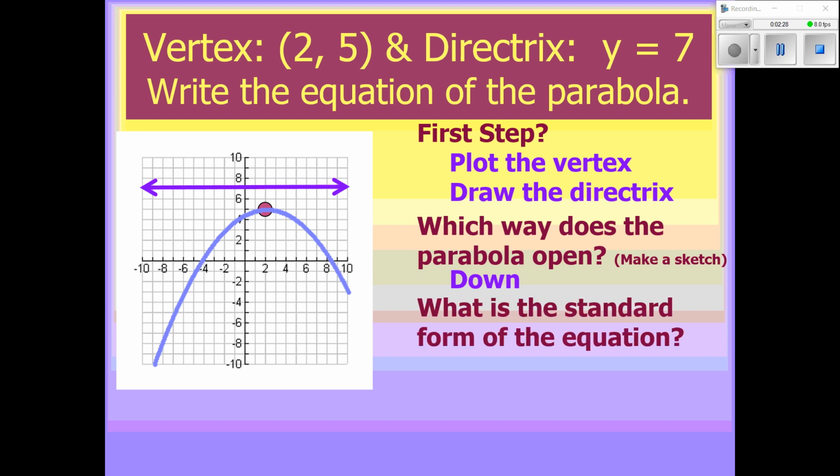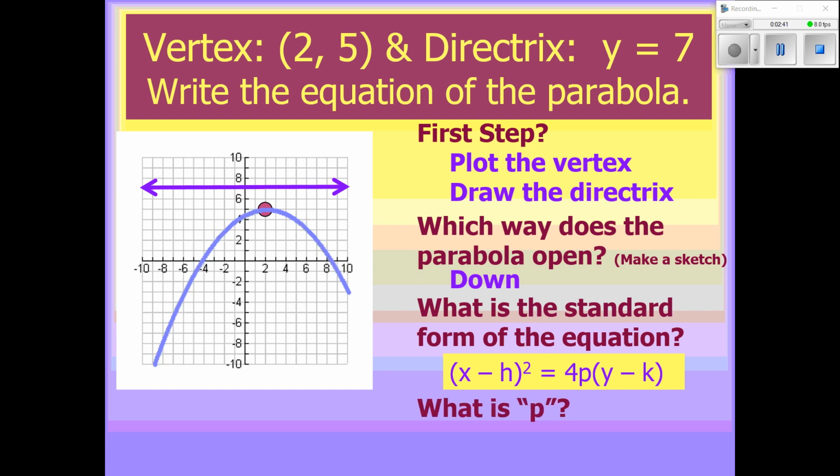Then we need to think about what standard form we are using. Is the x going to come first, or the y? Well, for an up and down one, the x values come first, quantity squared. So then what we have to find is our p-value. Since this opens down, it's going to be negative, and there are 2 spaces in between the directrix and the focus.